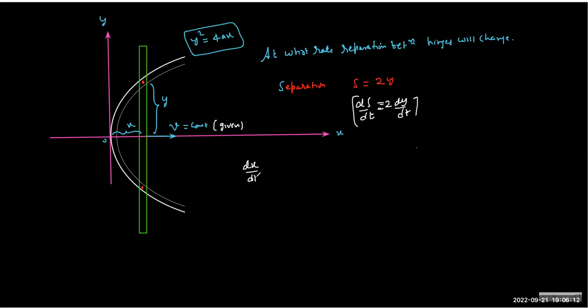So dx by dt is given to us, equal to the value v, isn't it? dy by dt we are looking for, and we have a constant here which connects the two. I hope you know the further method to get the answer, right? So tell me the separation, tell me what is the answer.